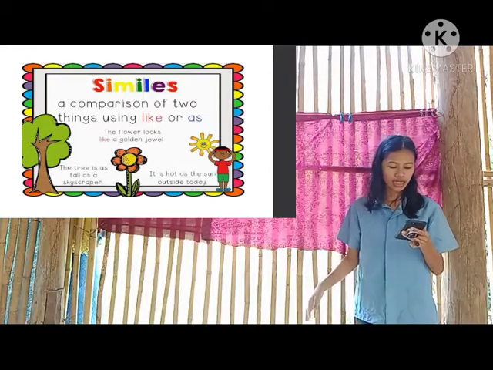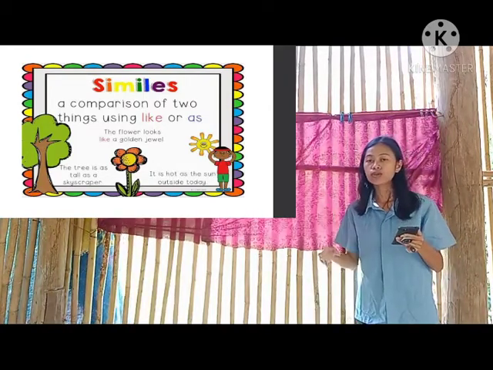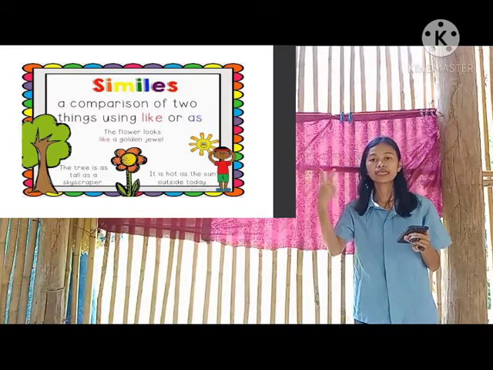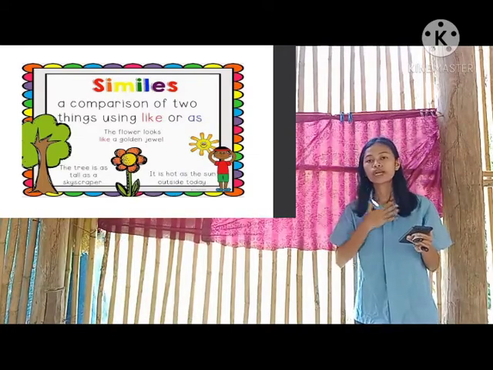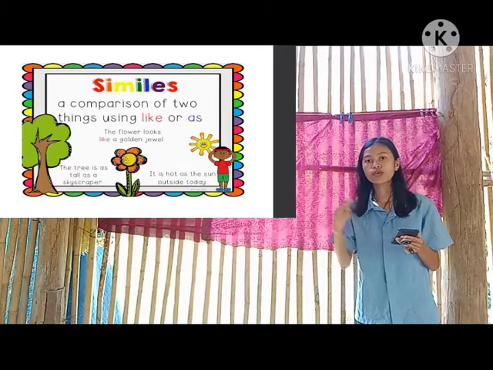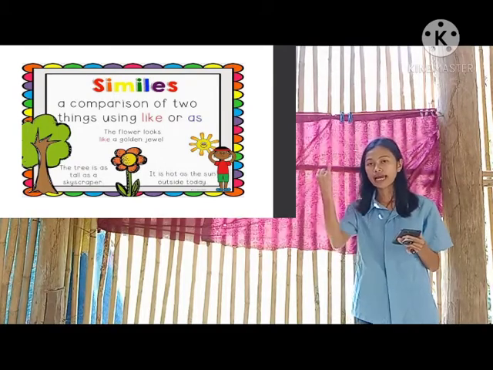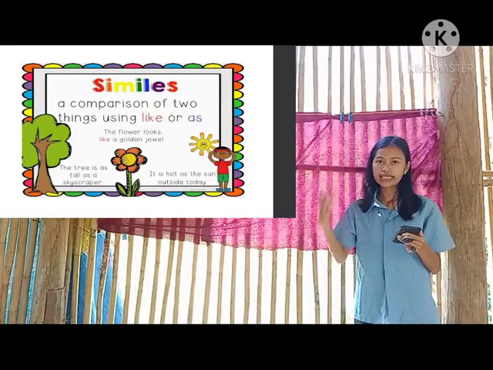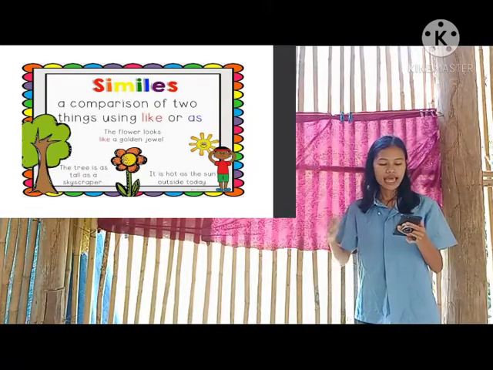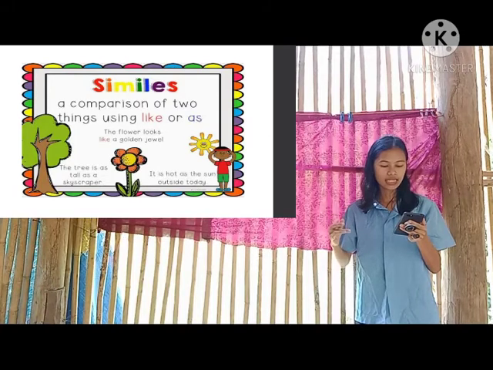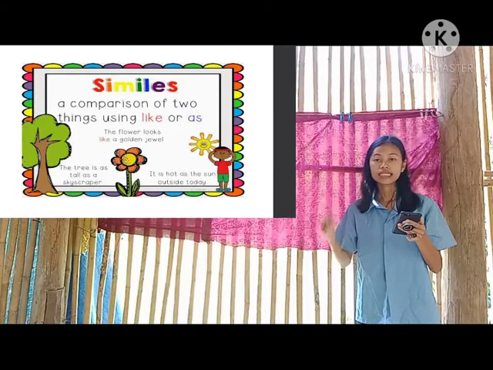So here it says that this is also a comparison between two things. But here we are using just two words to compare. So these words are as and like. So our example here is, it is hot as the sun outside today.